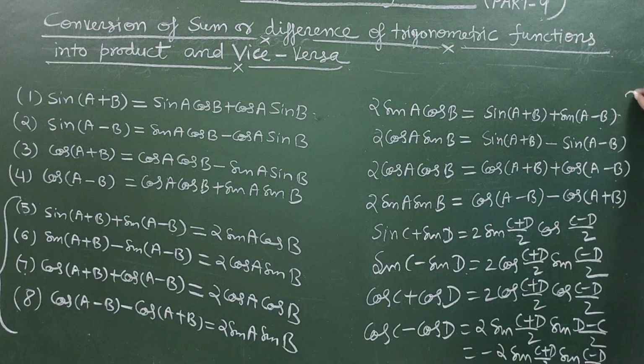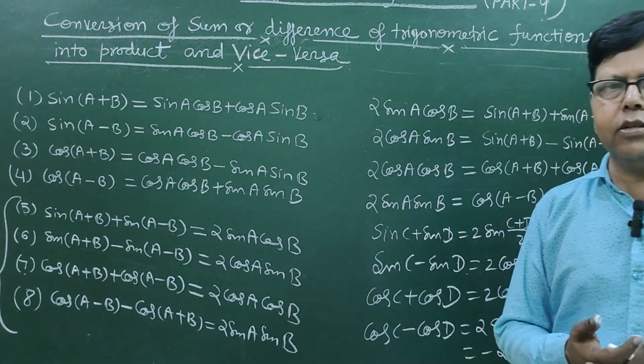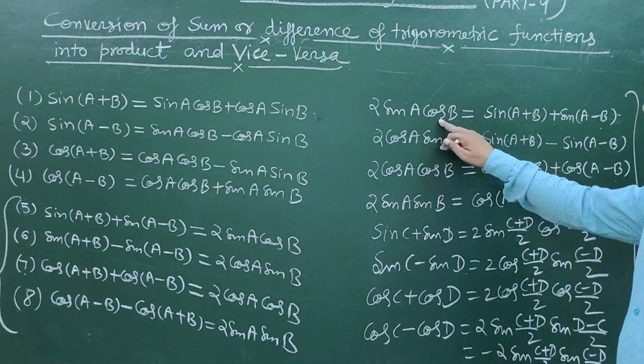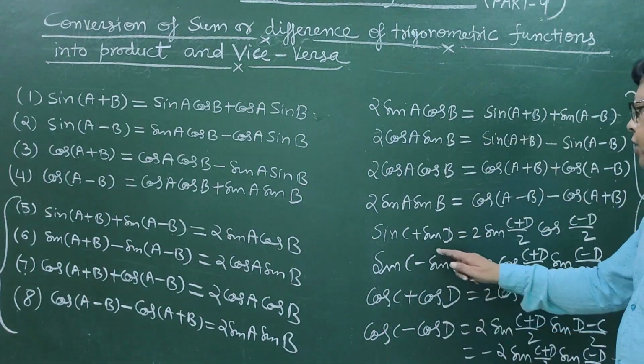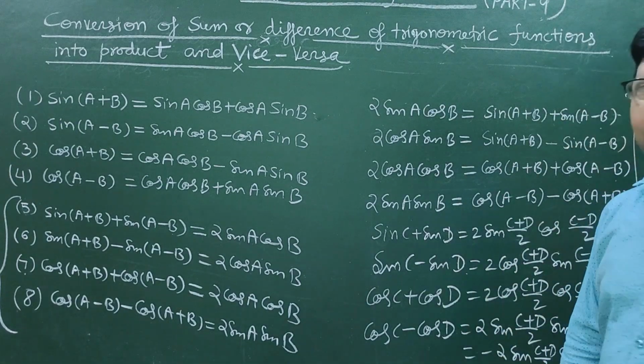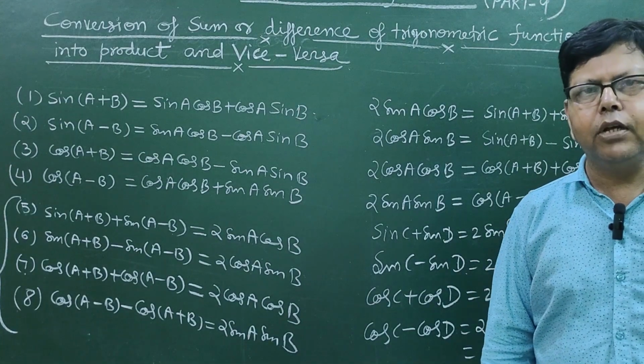So this is the list of formulas. By using these formulas, you can convert product into sum or sum into product. So these are 8 formulas which you must learn.